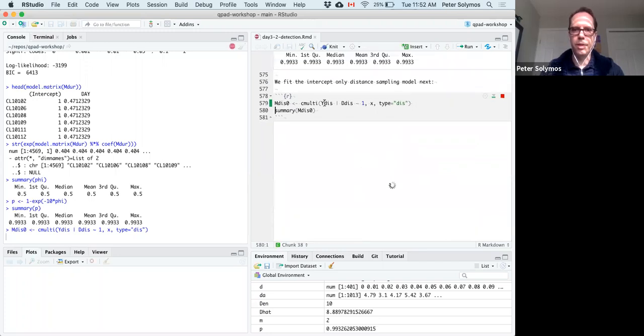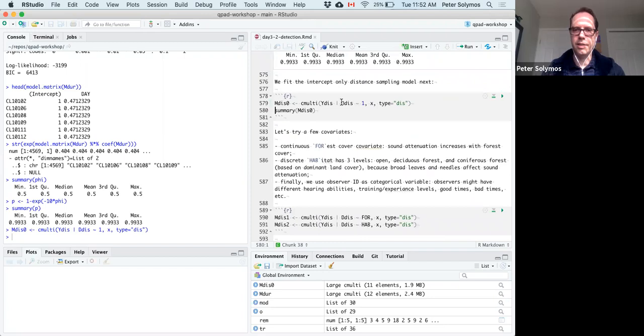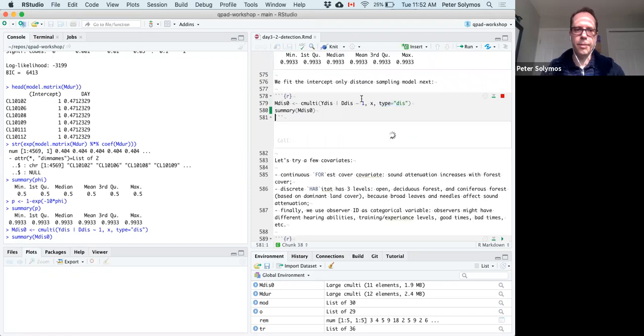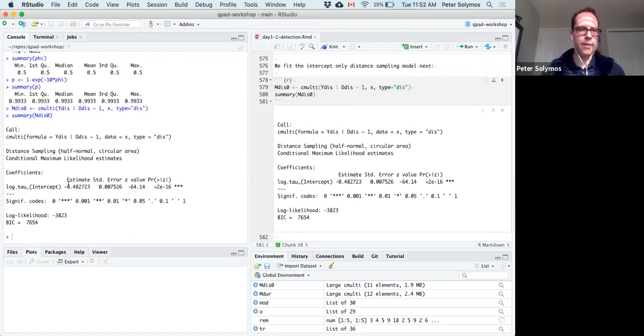Now we use the distance sampling related matrices that we saw before, and say type is this, which is going to be the distance sampling. Then we get our model, and we get this log tau value of minus 0.48.